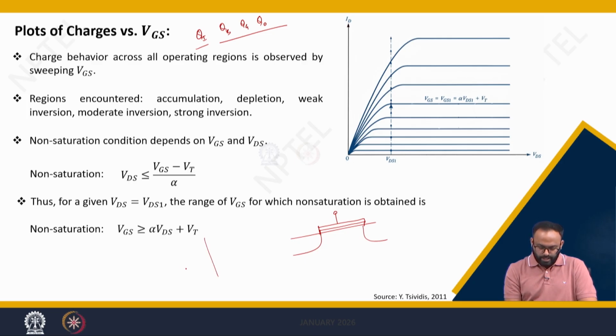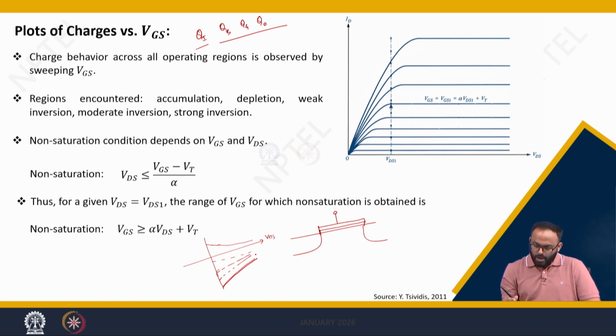You remember, we said that if you increase VDS, the gate charge was showing this trend, the bulk charge was showing this trend, and the inversion charge was showing this trend. And we argued how the fictitious QD and QS settled themselves so that you will get the reduction in the inversion charge in the channel.